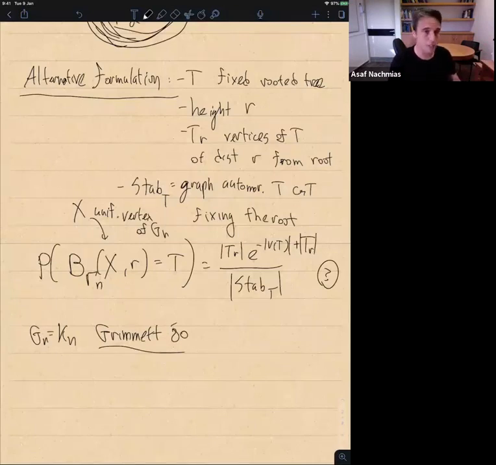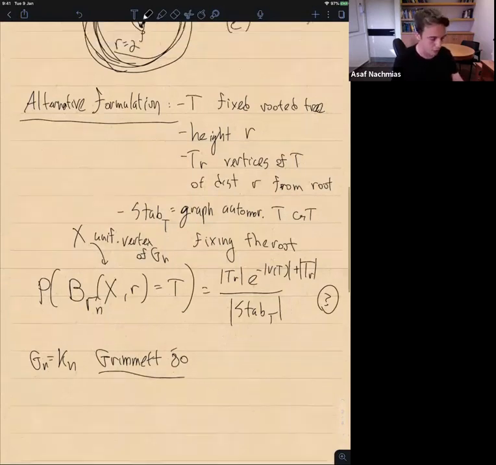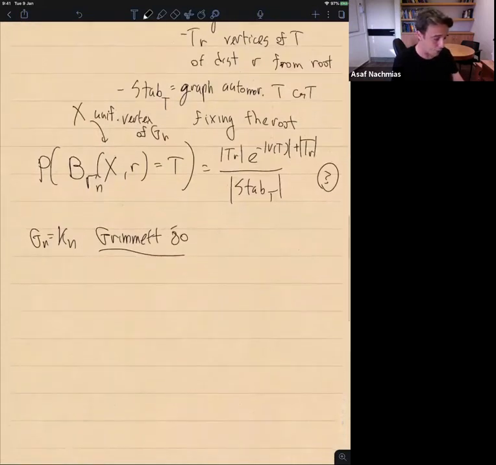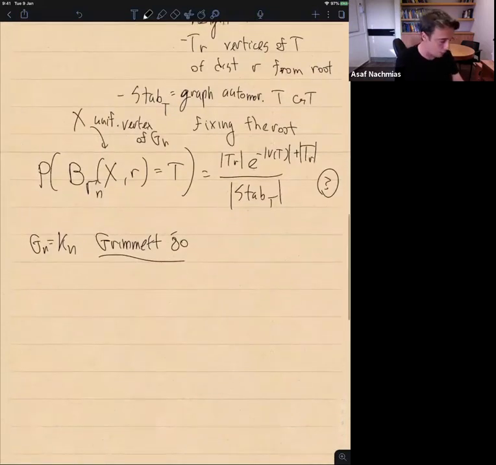Grimmett's theorem is a particular case of our theorem. So this is one past result, and the background is going to be very short.